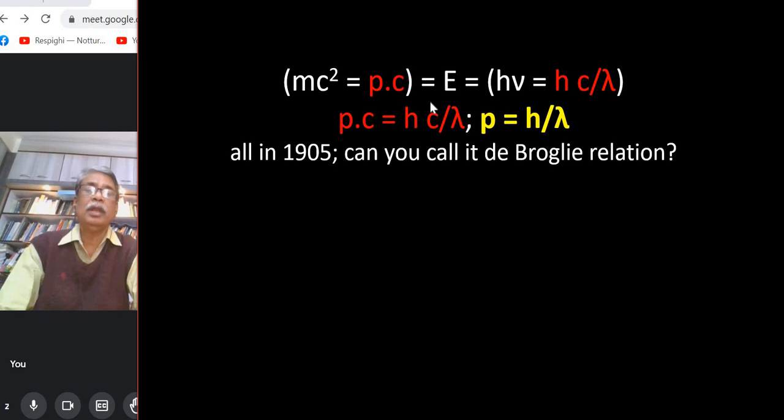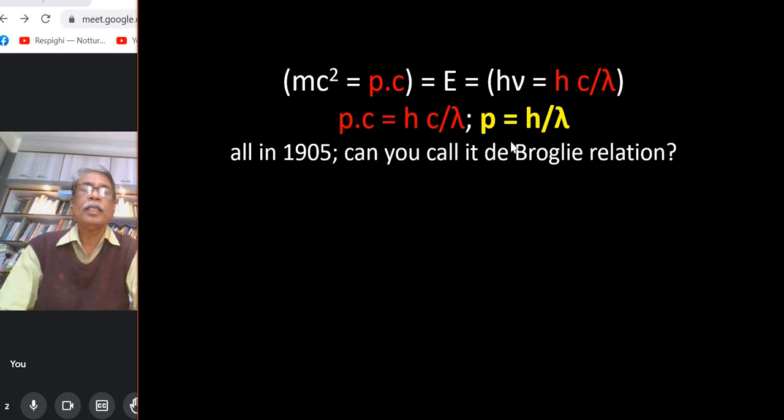On the other hand, in another paper, he treated energy with wave and particle behavior, that is the photoelectric effect, so h nu, where nu is c by lambda, so h c by lambda. Pc is the energy. On the other hand, hc by lambda is also the energy. So pc equals hc by lambda. Both are energy. You cancel c from both sides, so you get p equal to h by lambda.